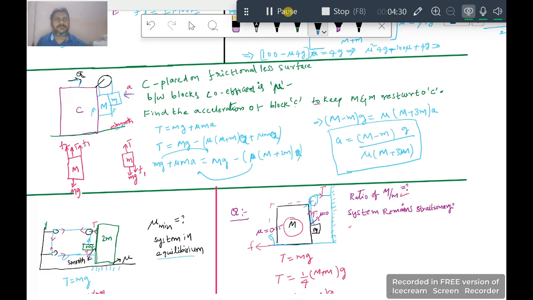For the m block, tension is acting, and given the condition they are not moving, that means T is the maximum value here. T is maximum means the friction force should act downwards. That equals T is maximum, meaning mg plus F1, mg plus F1, that equals mu here.